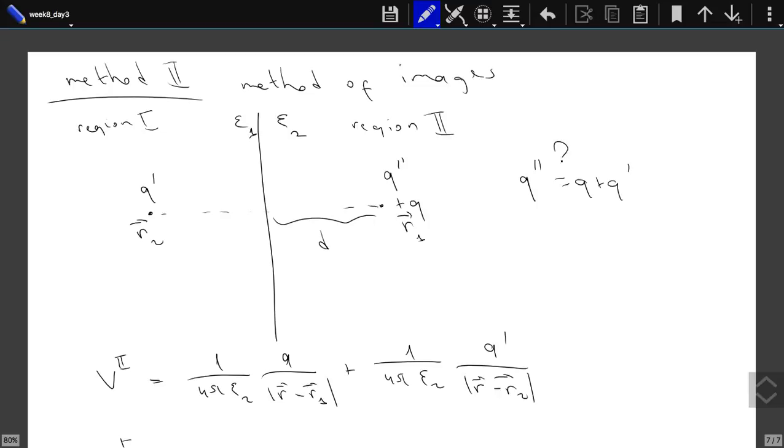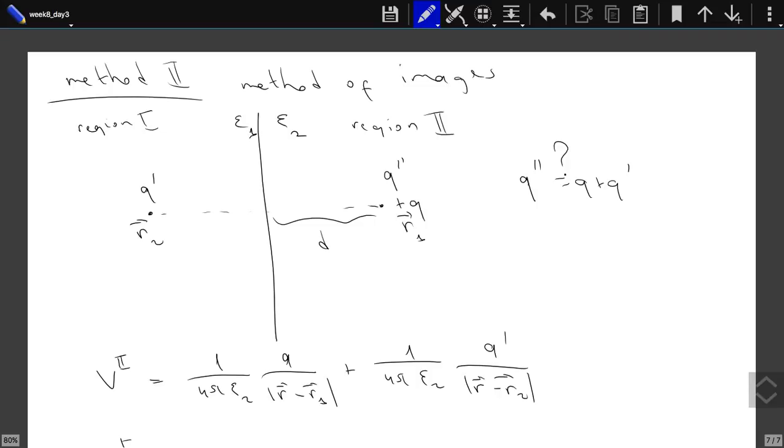Let us check. Now this intuition is based on the fact that these image charges are nothing but the bound charges on this plane. And these bound charges on the plane just behave like a point charge on the other side at a distance d.